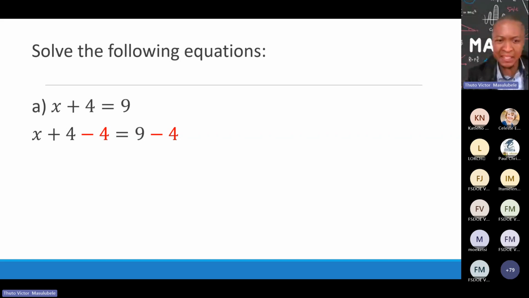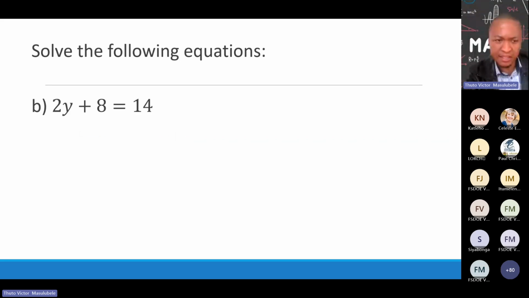So we add -4 to both sides of the equation in order for us to isolate the value of x. 4 minus 4 will give you 0, so we'll be left with x, and 9 minus 4 will give us 5. And by that, we have then solved this linear equation using the additive inverse of 4 on both sides.